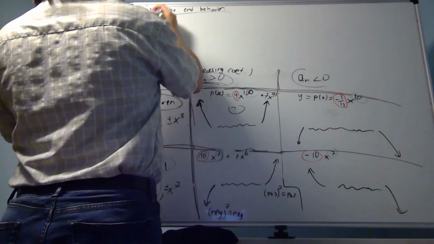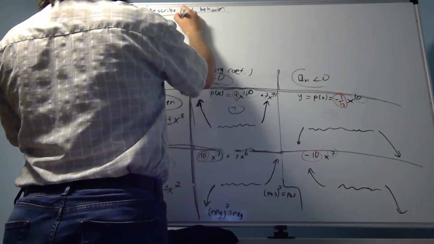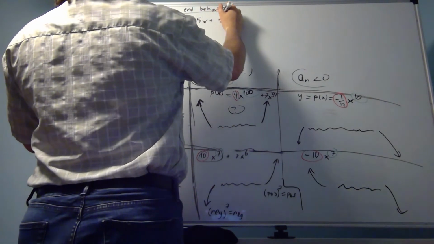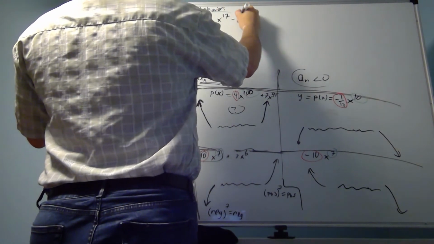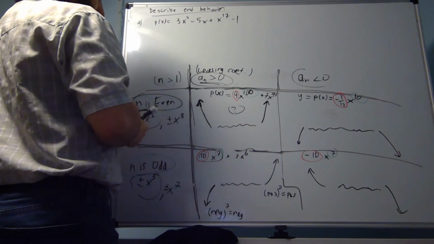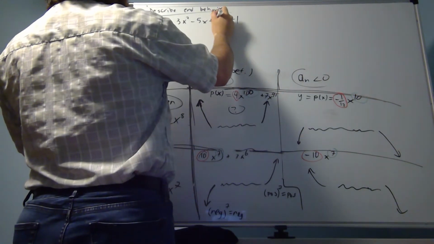All right, let's do this first one. P of x equals 3x squared minus 5x plus x to the 17th minus 1. Here's the thing to notice.